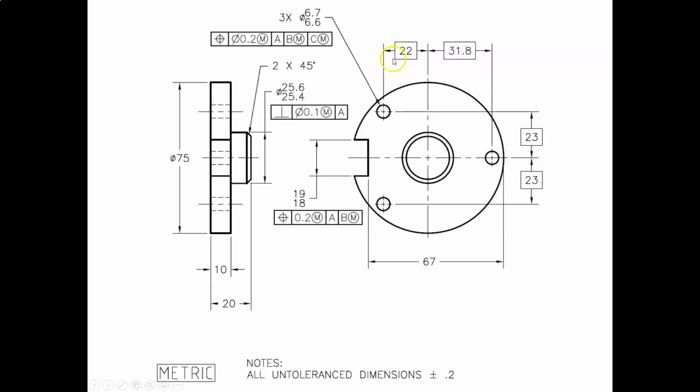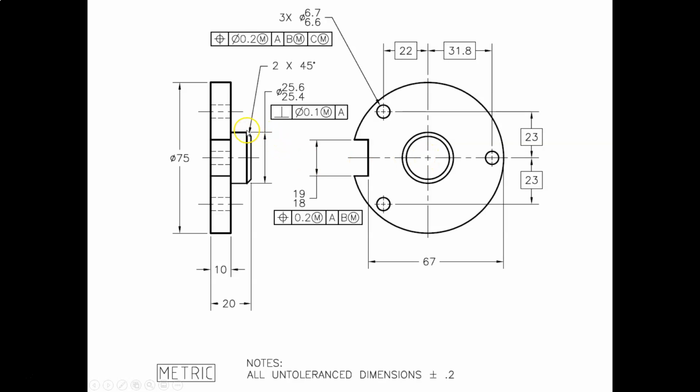This is actually what's called geometric dimensioning and tolerancing. It's a high-level tolerancing process, but we can ignore that right now. So basically, the holes are positioned relative to their centers, 23 millimeters above and below, and 22 millimeters to the left, and 31.8 millimeters to the right, again, from the center.